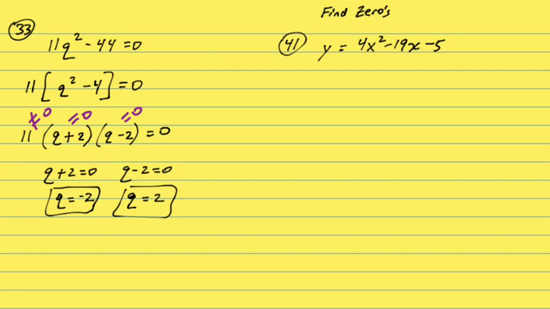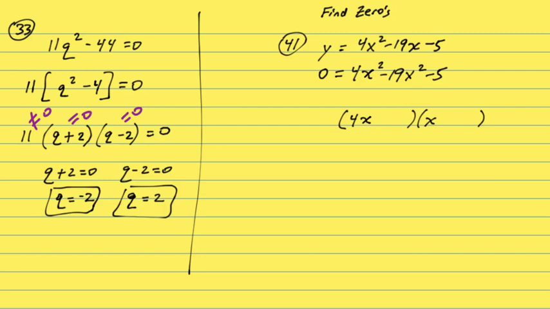Now, finding zeros, you do the same way. You want to make the y a 0. They're called roots, solutions, or zeros. This one's a little different. To get 4x squared, there's two possibilities: 4x times x or 2x times 2x.